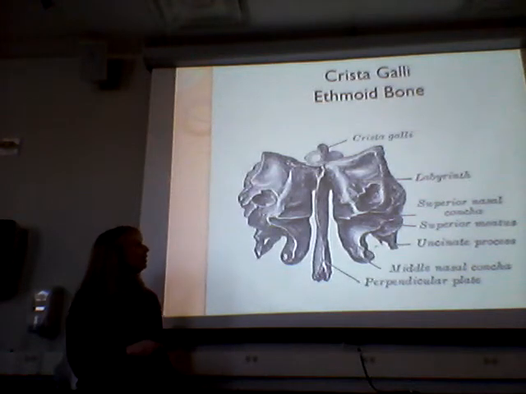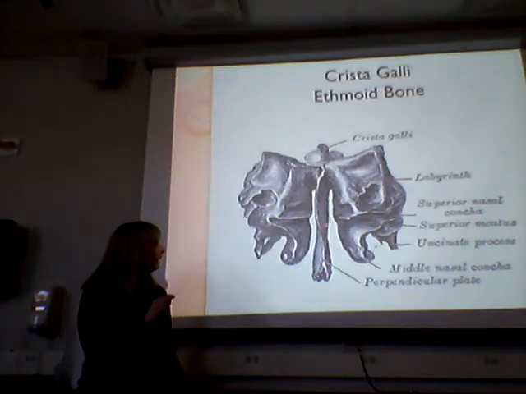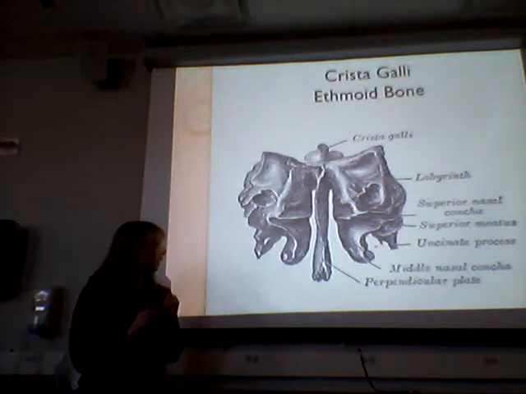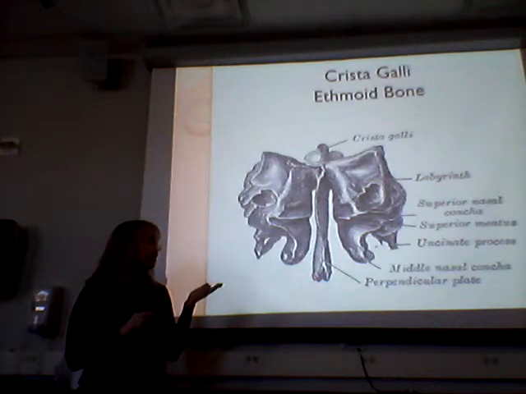Okay, I just wanted to take a closer look at the ethmoid bone because I think it's really cool. This is the perpendicular plate, and when you're looking at the anterior view, it's going to be right here in your nose. So that makes up more than half of the nasal septum. The perpendicular plate together with the vomer make up the nasal septum.